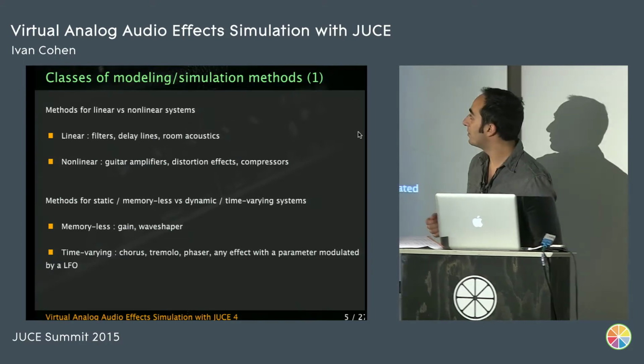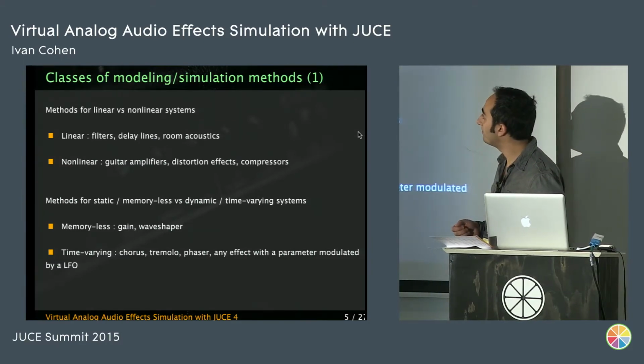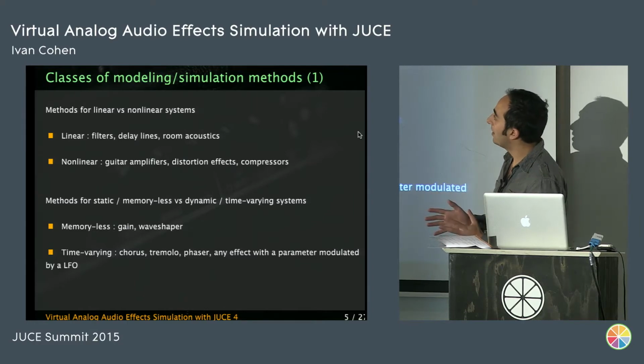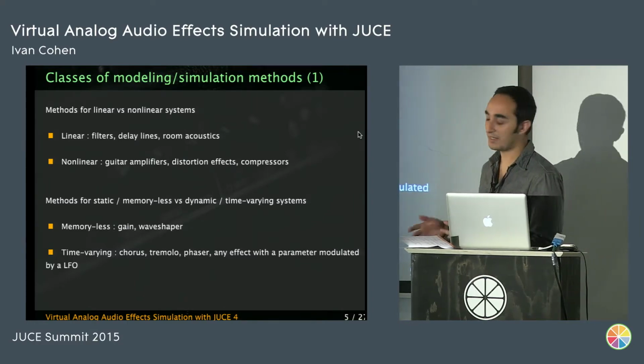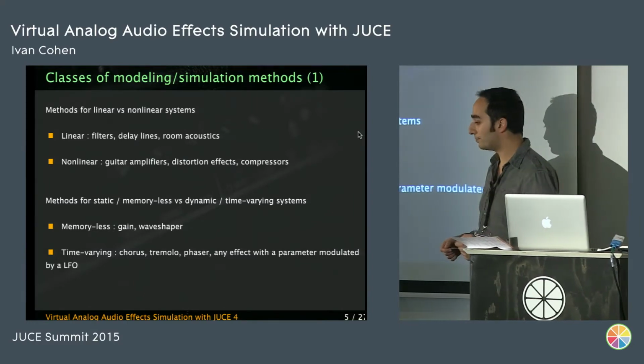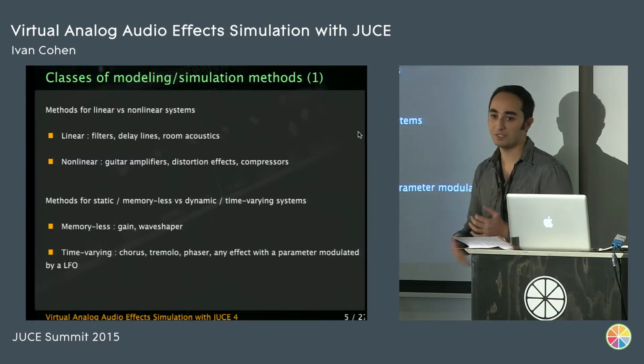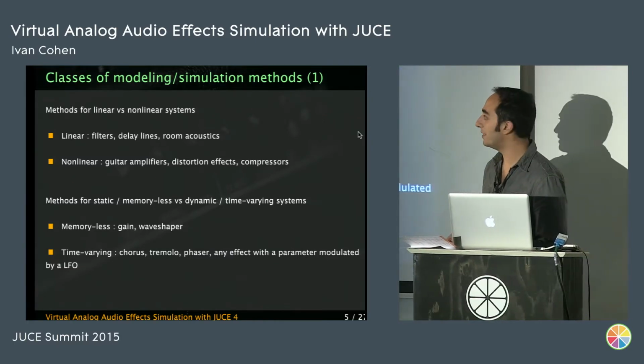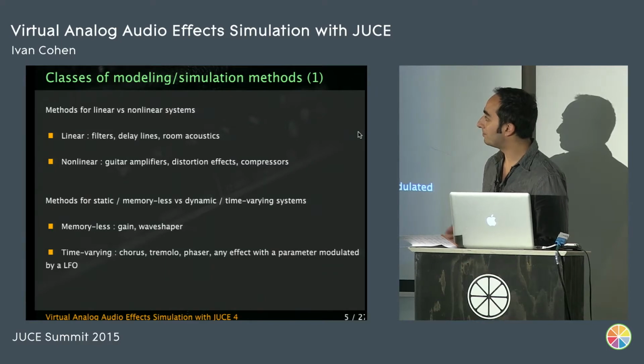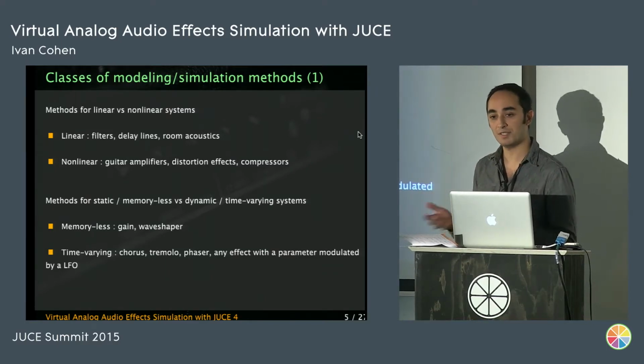The first thing we have to see is that we have various classes of modeling simulation methods, techniques. And we are going to choose one for a particular circuit we want to simulate, depending on the nature of the system we want to simulate.